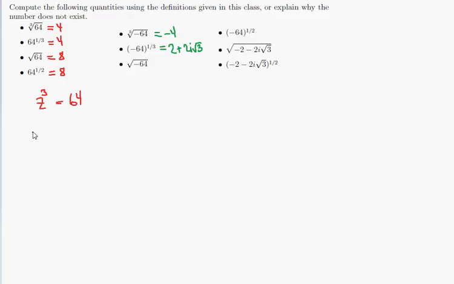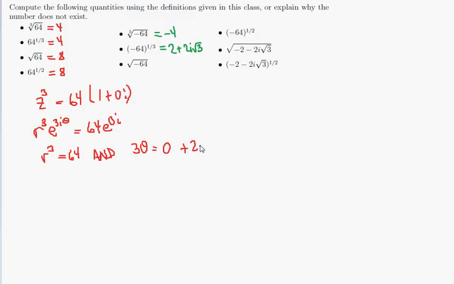Then this is r to the third times e to the 3i theta is equal to 64 times e to the 0i, because 64 is 64 times 1 plus 0i. So that means I need r cubed is equal to 64, and also I need 3 theta to be equal to 0 plus 2 pi n. So r is equal to 4.